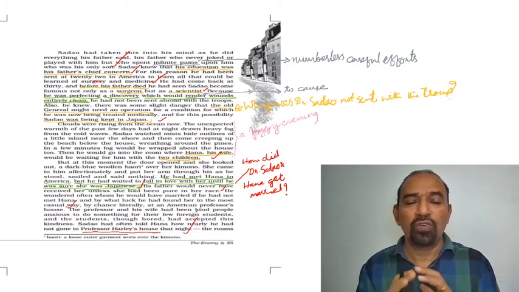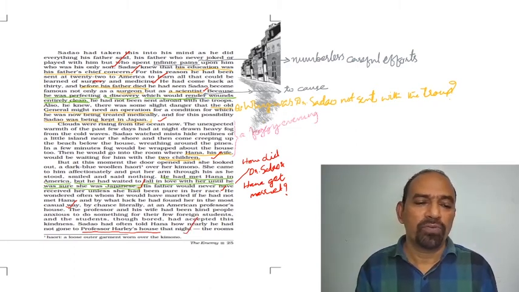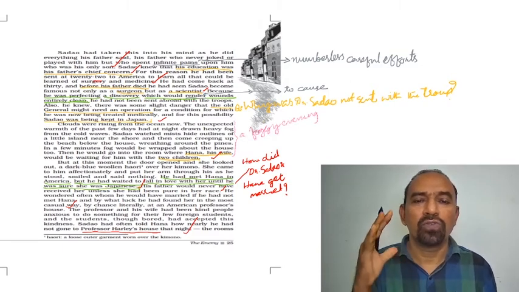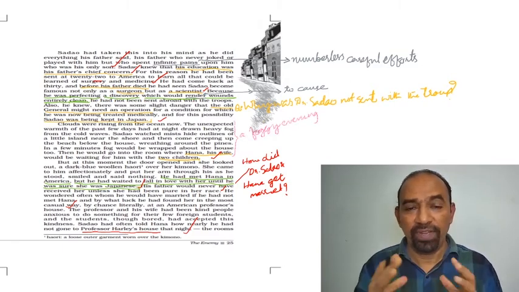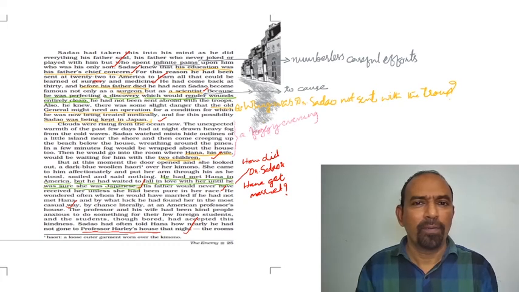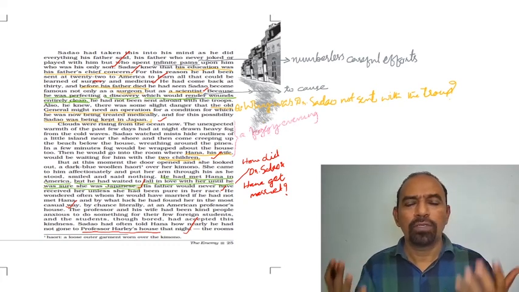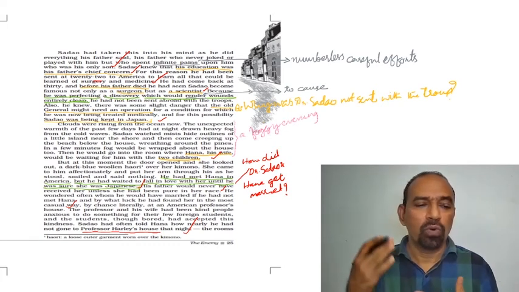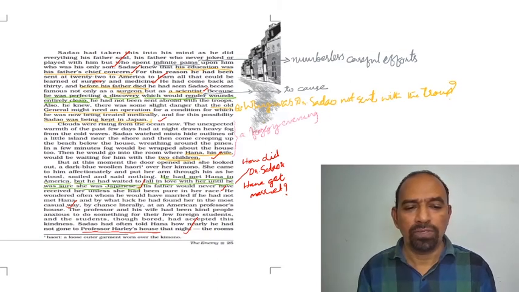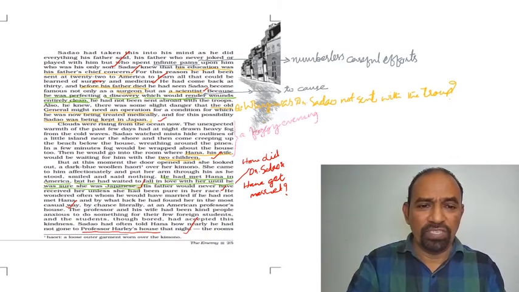So he had no plan to go to Professor Harley's house on the day when he met Hannah. Many a time he thought about staying back from going to the Harleys' house, because many reasons are there. Let us check what they are.